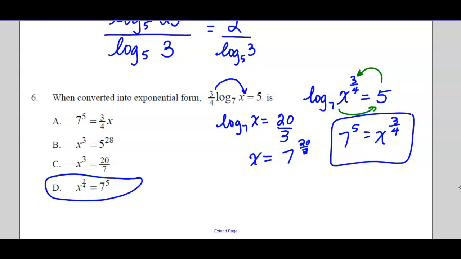Okay, question 7. Try those without a calculator using the new laws. So this is subtracting and adding combined.